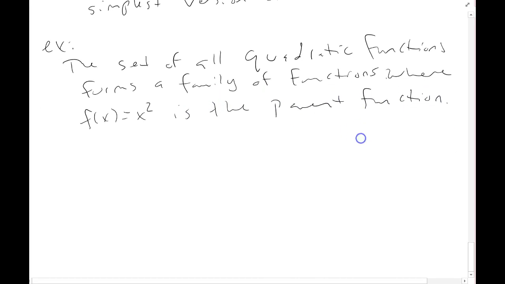So we won't prove that or anything. You're just going to take that at my word. I know that's poor mathematics, but, well, you're just going to have to deal with it.